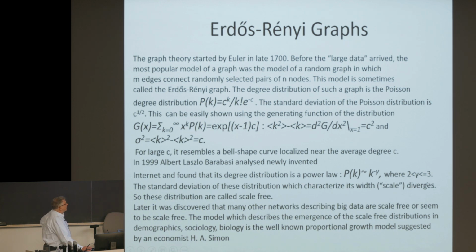And so these networks, of course, are totally different, because you can see that k-square average won't even exist for such networks, because when you want to find the average, this series will diverge.